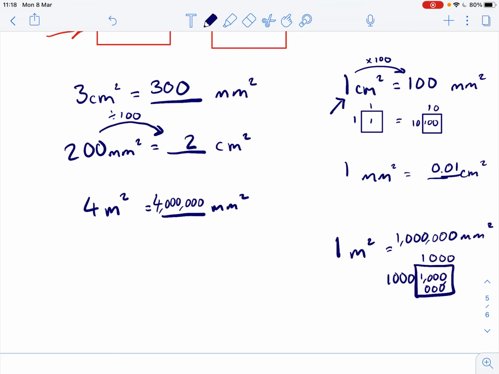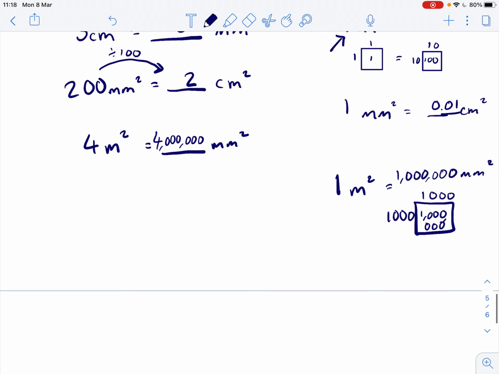And finally, 5 metres squared is going to equal how many kilometres squared. So again, instead of starting with 1 metre squared, I'm going to think about which is the larger unit. Here the kilometre is the larger unit, so I can say 1 kilometre squared.